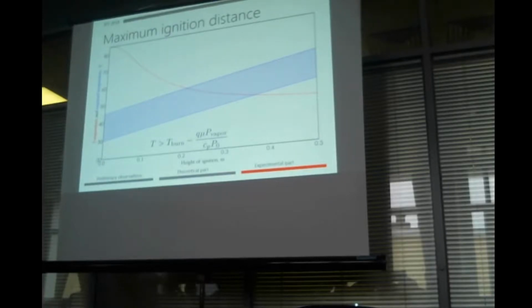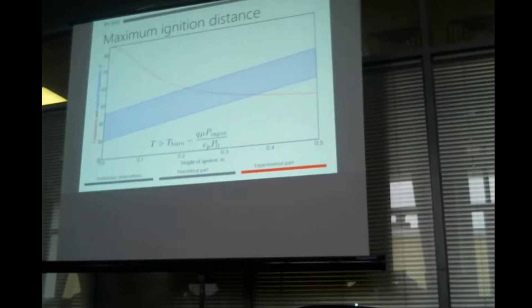And we have a region instead of a line because the required temperature for lighting is not well obtained quantity.